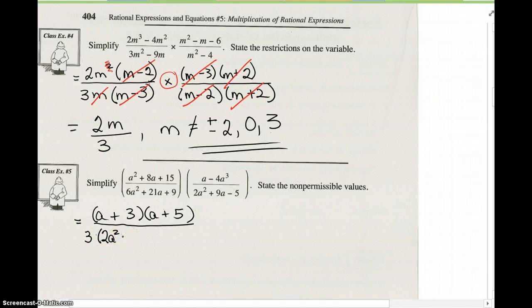2a squared plus 7a plus 3. Now, you know I'm going to need to take that a little bit further, so we'll do that in the next step.